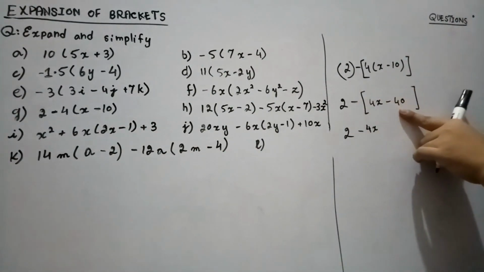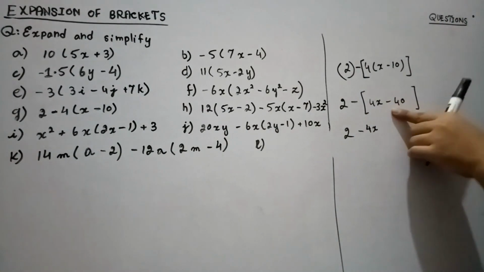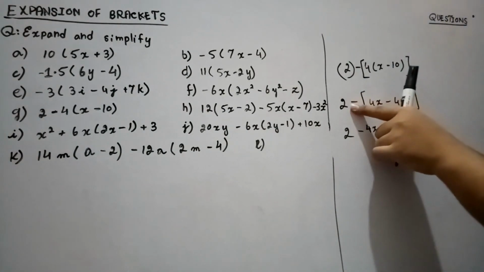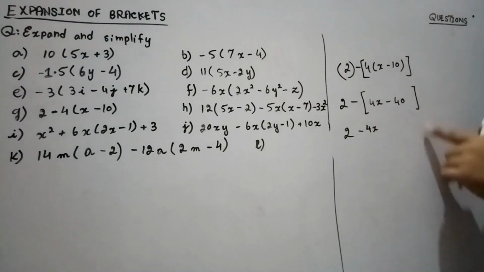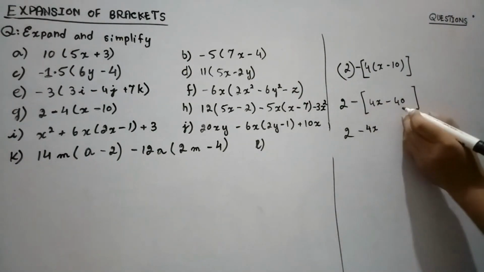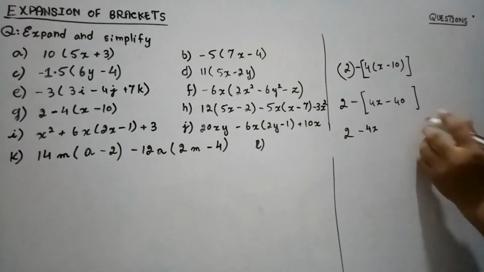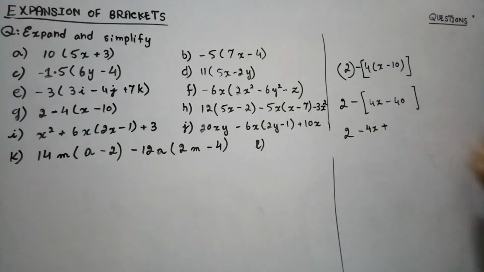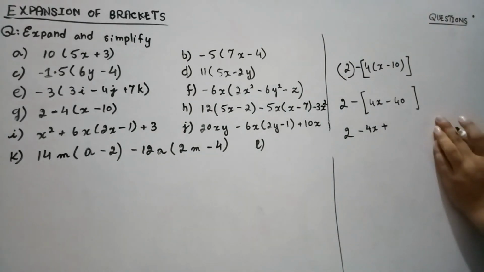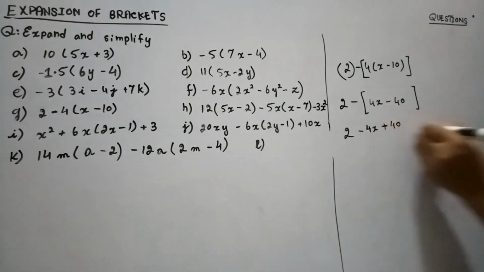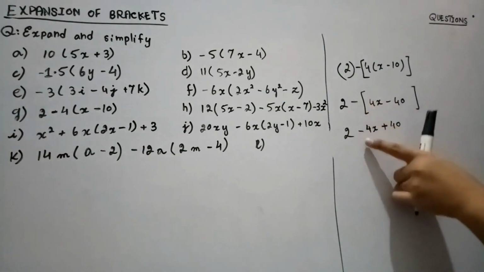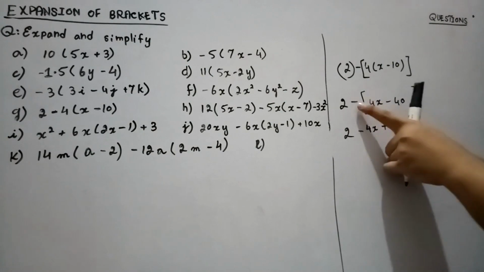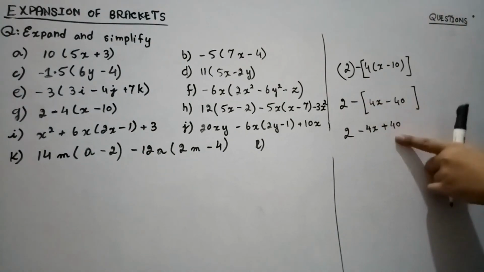Now this minus sign is going to multiply by this minus 40, so minus minus will be equal to plus, and I will write 40 as it is. Clear? These two as it is, minus plus minus 4x as it is, minus minus plus 40 as it is.